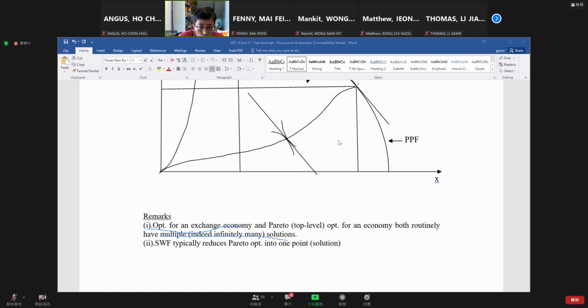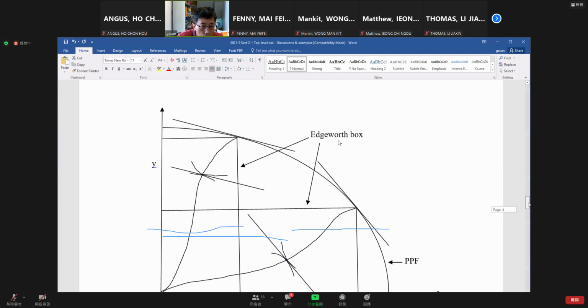Each point on this curve is a good solution, so we have multiple. And the top level solution for the whole economy also has a very big number of solutions. This point is one, and as mentioned earlier, this point is also another one.